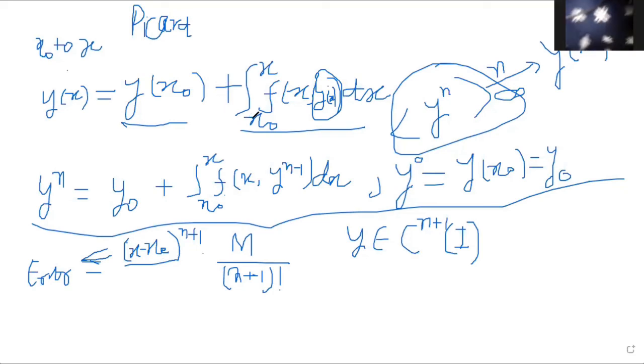The same thing will apply in Picard also, because in Picard also basically we are taking approximation. We are approximating this function f(x, y) by f(x, y_n) in the interval x0 to x. So if this interval is going to be bigger and bigger, then this approximation will be worse and worse.